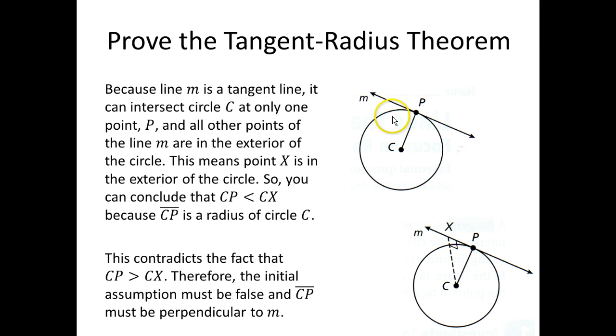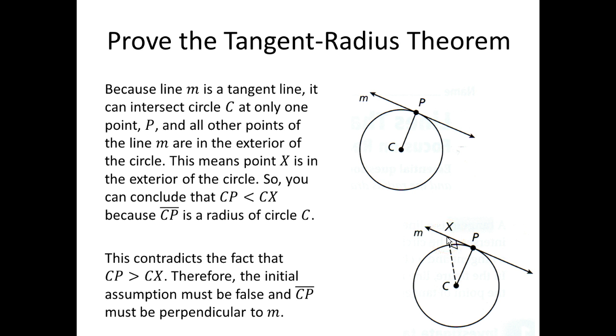Since line M is a tangent line, that's what we're assuming. We're assuming line M is tangent to the circle. It can only intersect the circle C at one and only one point, the point of tangency P, and all other points of the line M have to be in the exterior of the circle. This means that point X has to be in the exterior of the circle.